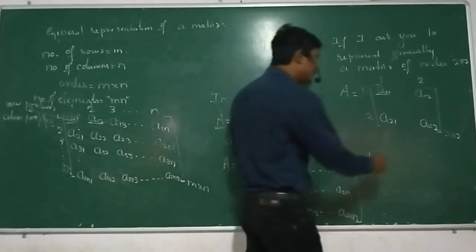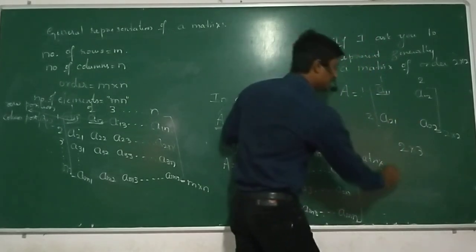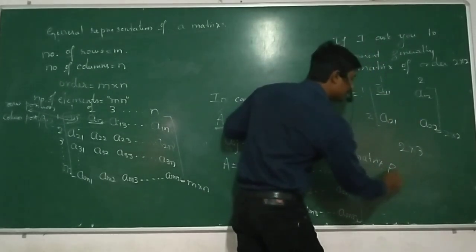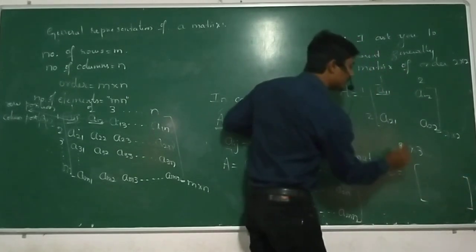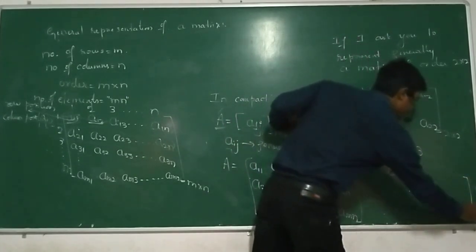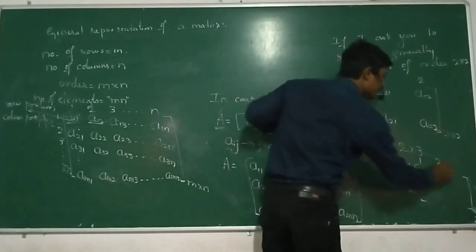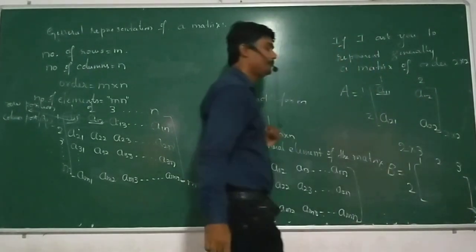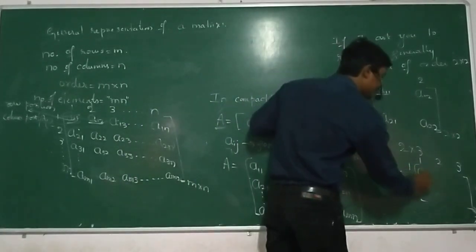If we are asked to write down a matrix of order 2 cross 3 generally, yes, we can write it. Let me call the matrix B. How many rows are present in the matrix? There are 2 rows. How many columns are there? There are 3 columns. Now let me write down the elements present in the matrix using their position.